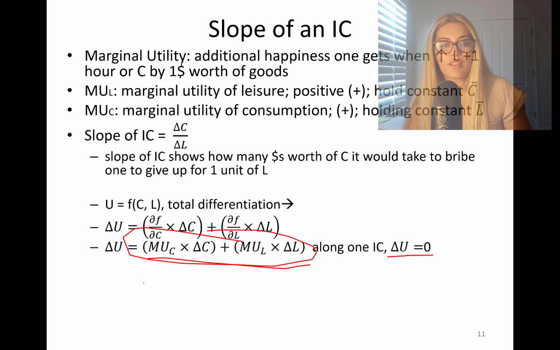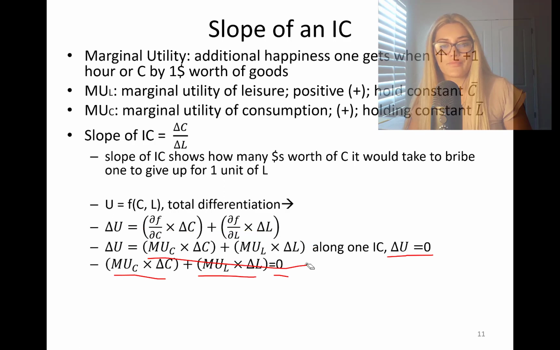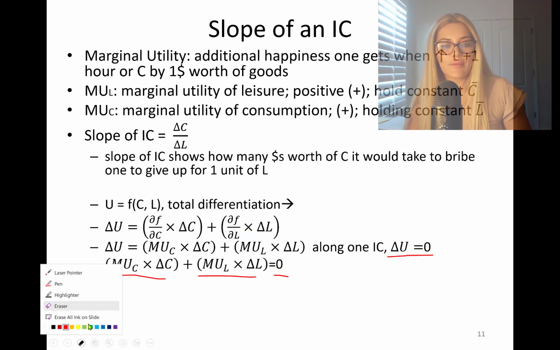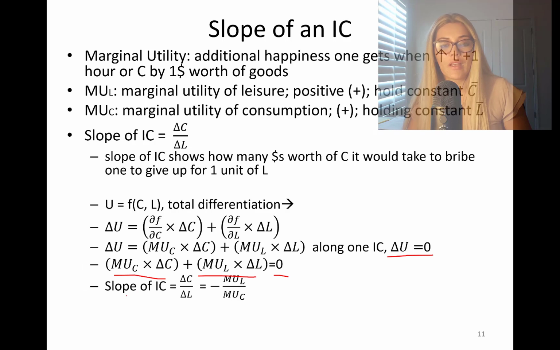All right, slope of indifference curve. So you can write marginal utility of consumption times change in consumption, plus marginal utility of leisure times change in leisure, equals 0. That's great. So rearranging this, I want to leave delta C divided by delta L on one side, because this is the slope of the indifference curve.